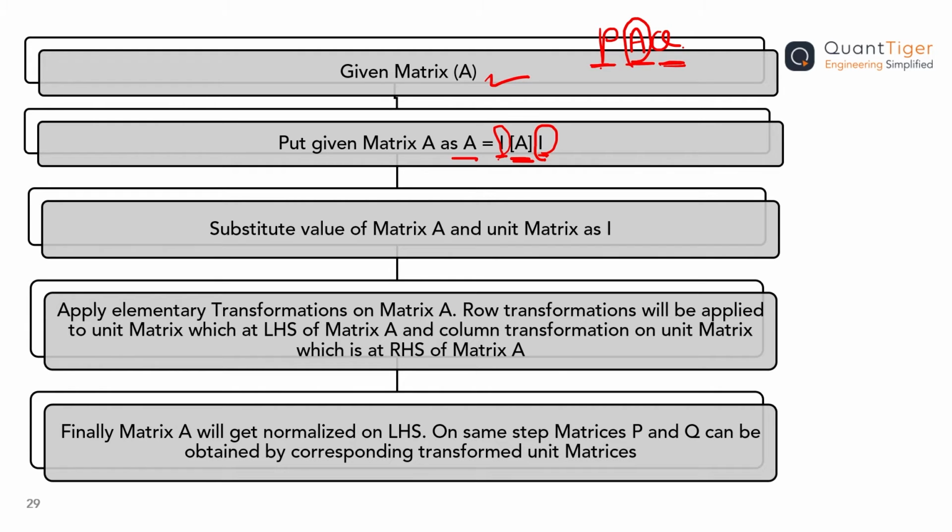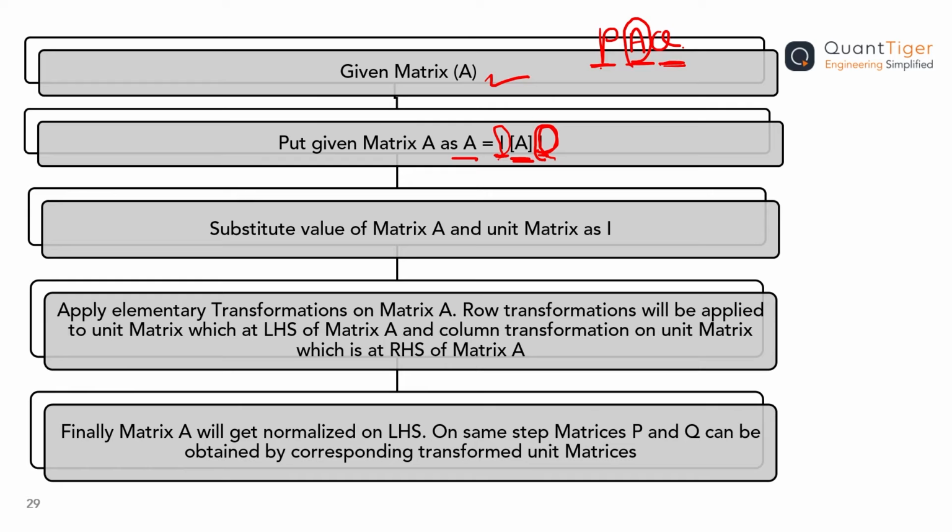For that we have taken this I. Hopefully this is clear from why we are taking this I. A is nothing but the given matrix जो कि बीच में है. P जो निकालना है उसके लिए एक I है which is on the left hand side of the A, और जो right hand side of the A है, उसके लिए that diagonal matrix has been taken to find out the Q. So now let's move ahead for the next step.